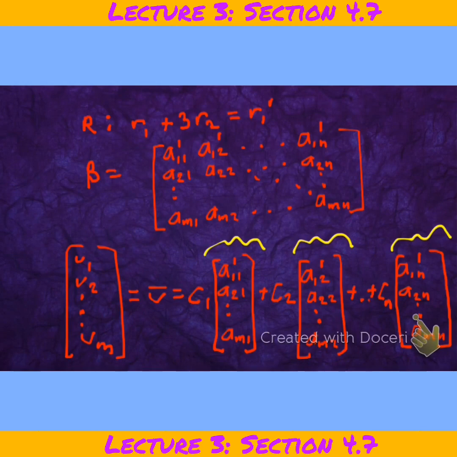Now what I want to do is go back to the matrix A. So I want to reverse this operation to go back to the column vectors of A.